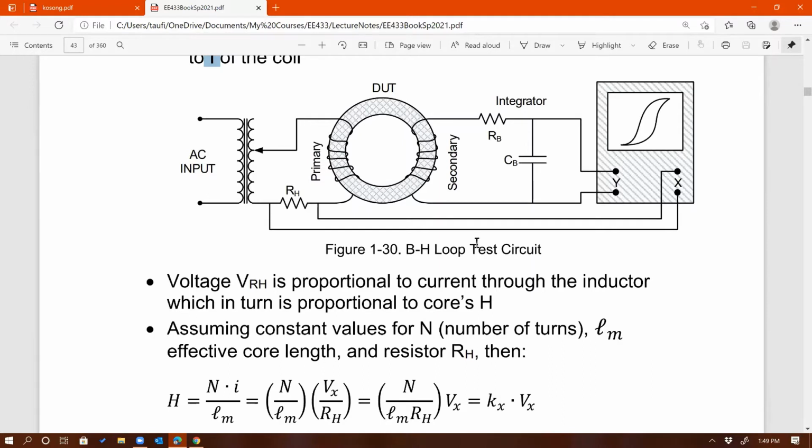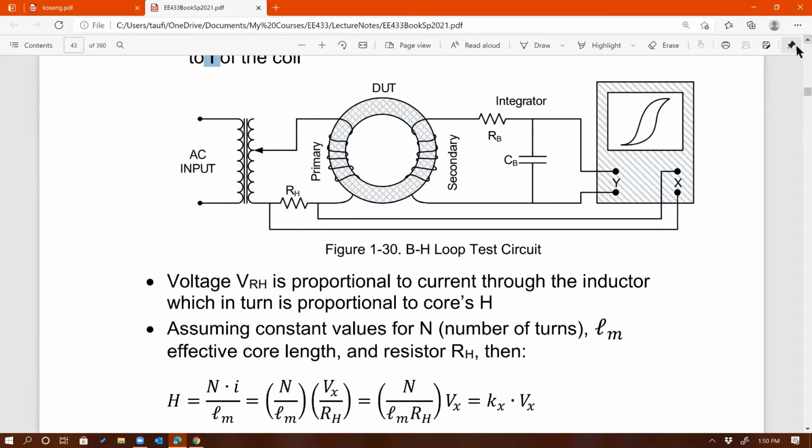Because again, I is related to H, and then on the secondary side, you have this voltage induced. And that voltage induced can now be measured through this low pass filter. You can see that we are measuring voltage across, or the output of, this low pass filter, which also serves as an integrator, right? So then you have Vy, that corresponds to voltage across the inductor, right?